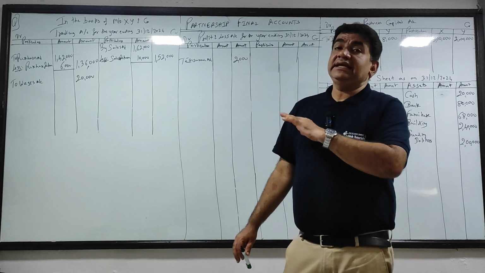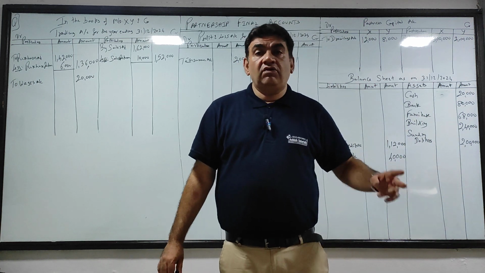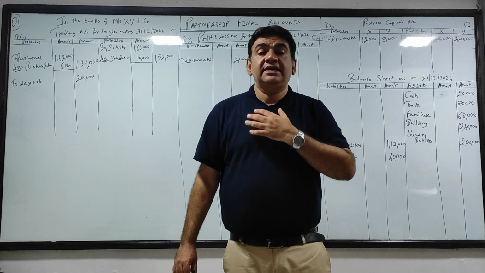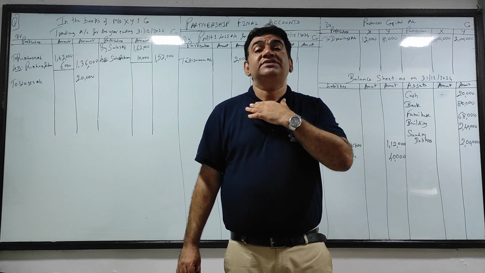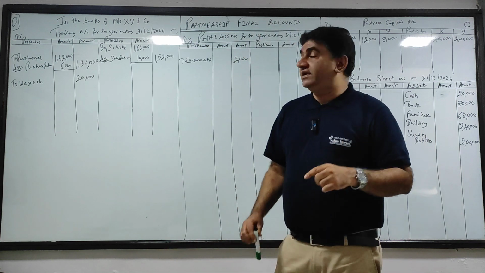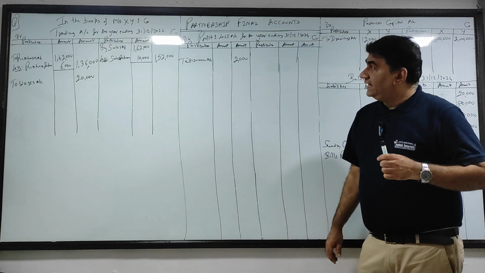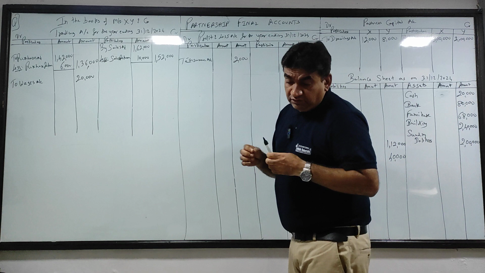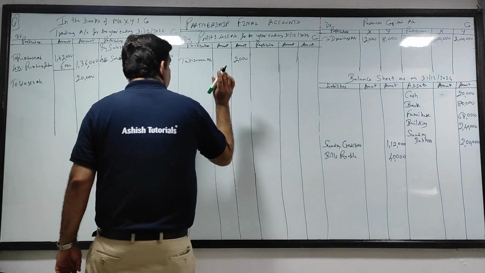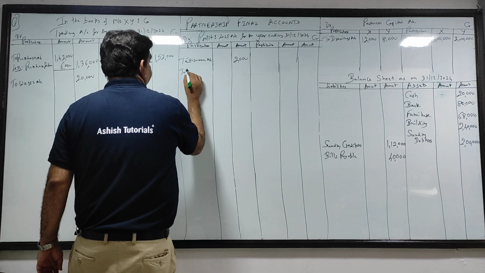So either he cannot pay me anything or he will pay me something but not the full amount. So end of the day, मेरा loss है, my business expense. Now bad debts has got nothing to do with factory. Therefore, it is an indirect expense and you will debit P&L. So come to the debit side of P&L. To bad debts.